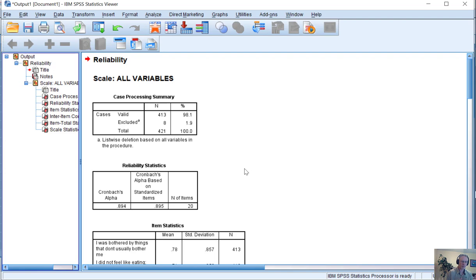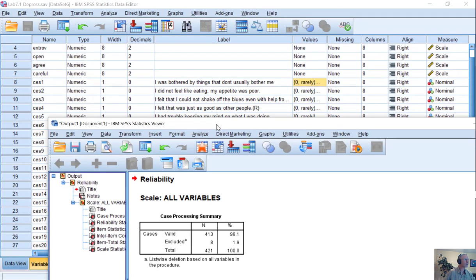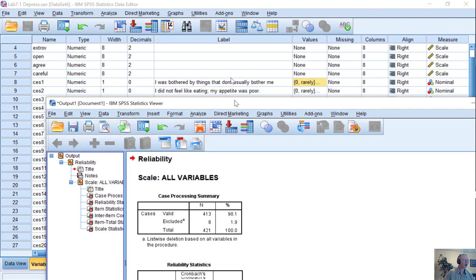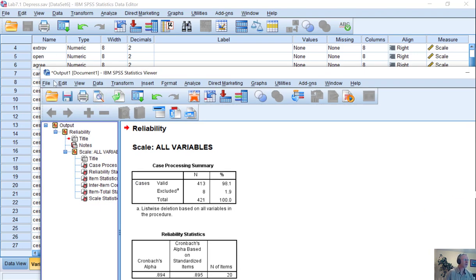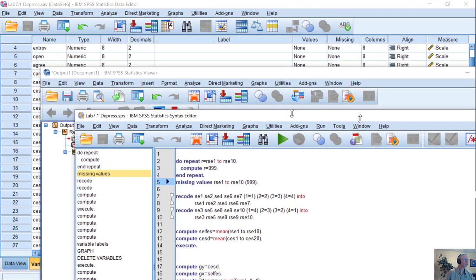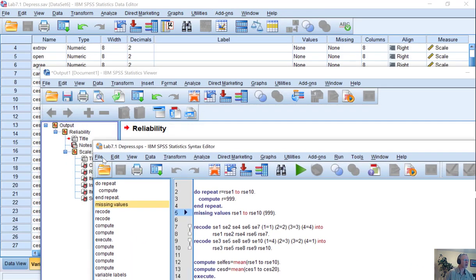Remember, SPSS has 3 windows that you typically work with. The data window here, an output window, and then you can also have a window for code. In fact, I have that open over here. Here's a window for code called a syntax window.